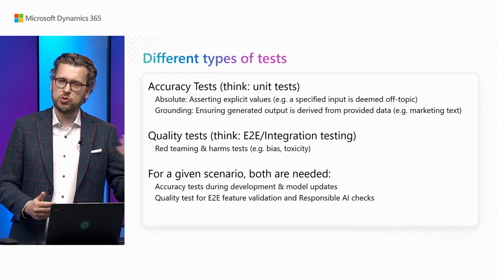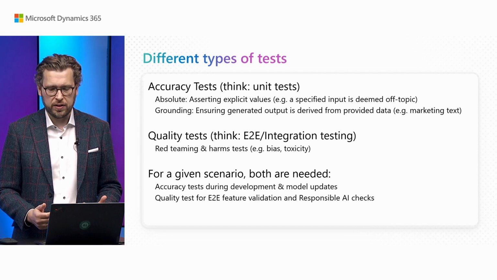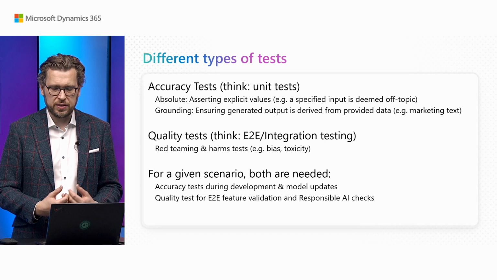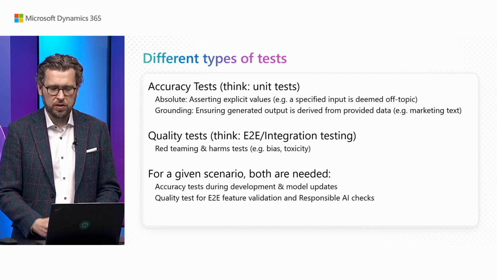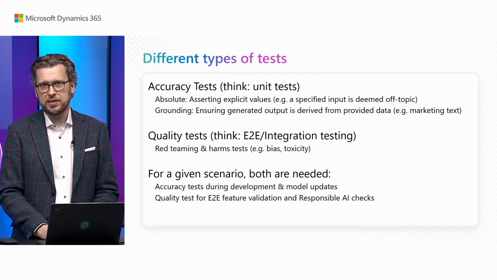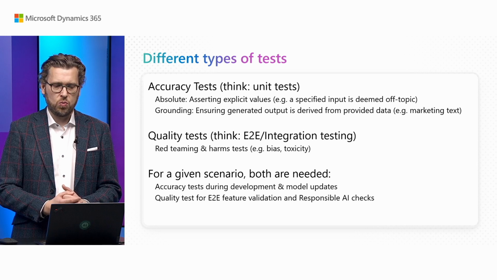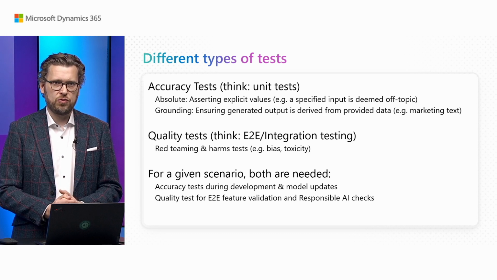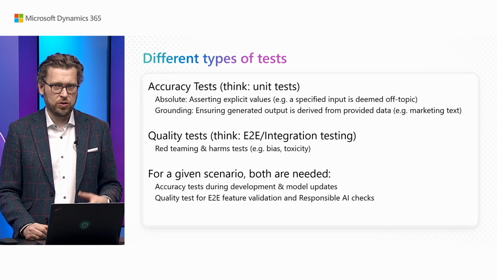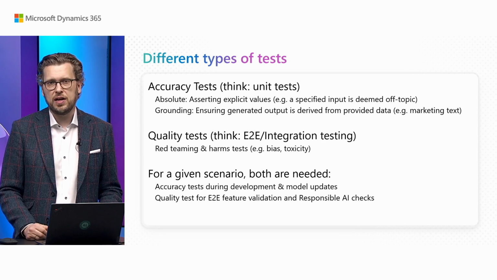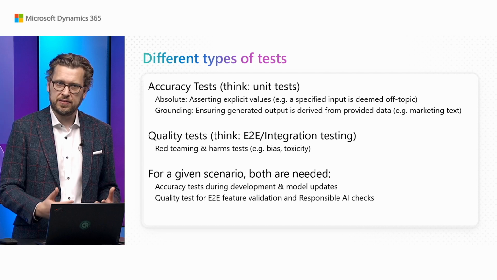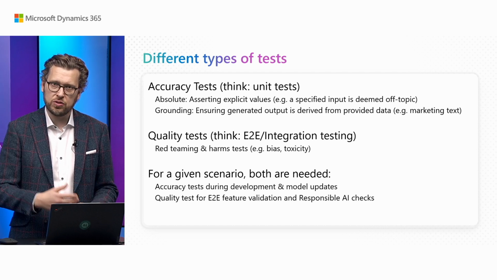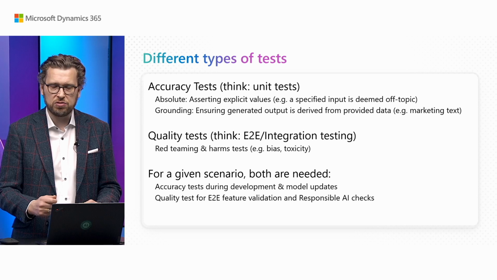So they could be absolute tests where they assert whether some explicit value is being returned or met as the outcome. It could also be a grounding test where you want to make sure that if you are asking for some bicycles, for example, what gets returned are actually bicycles in the inventory. Right? So those are these accuracy tests.